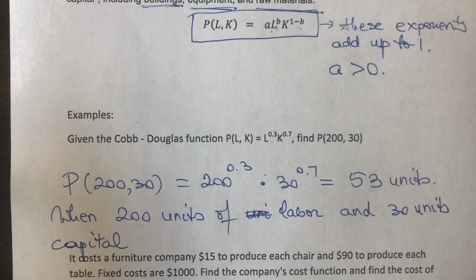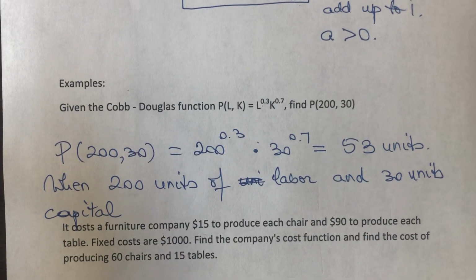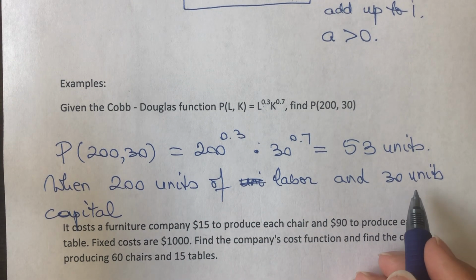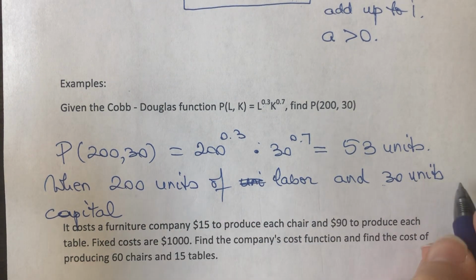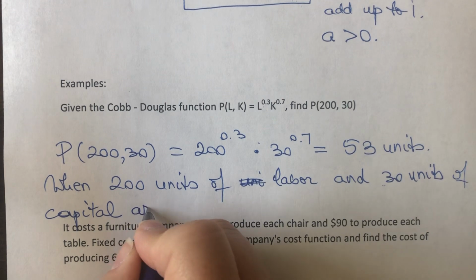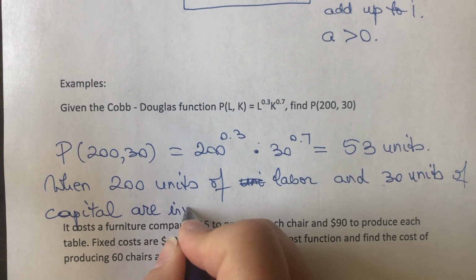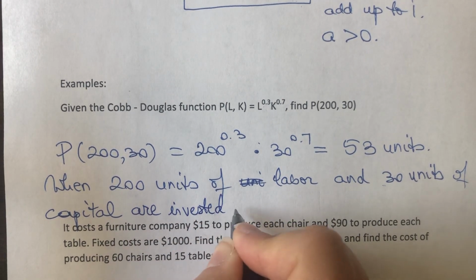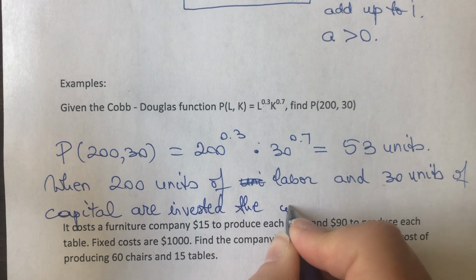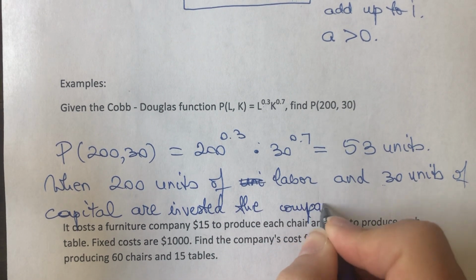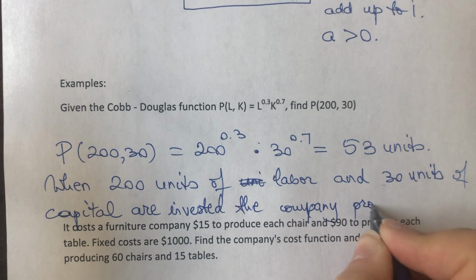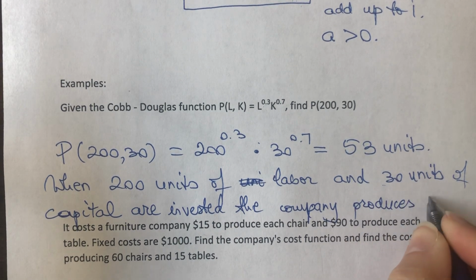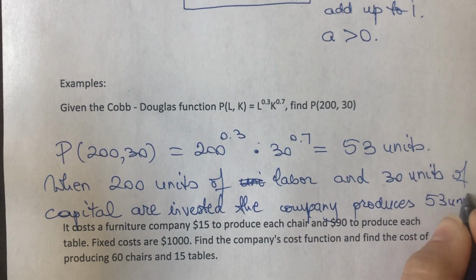So that's why we're saying units, whatever your company is using. And 30 units of capital are used or invested. The company produces 53 units. Okay. All right.